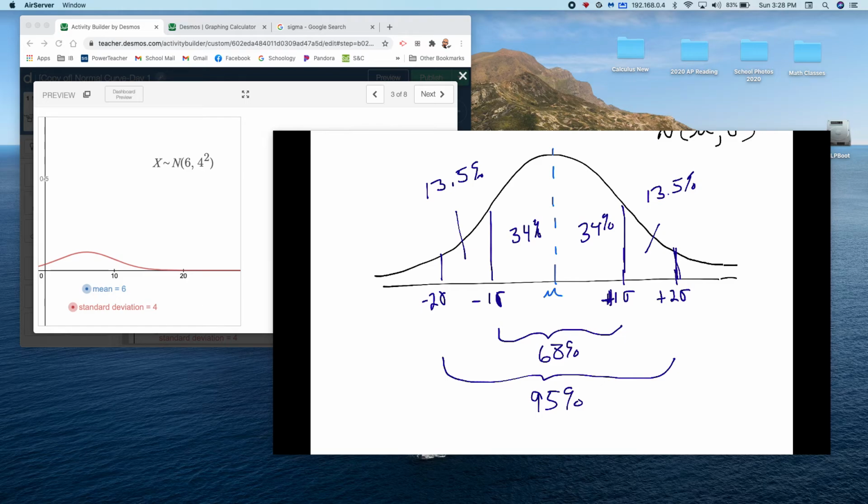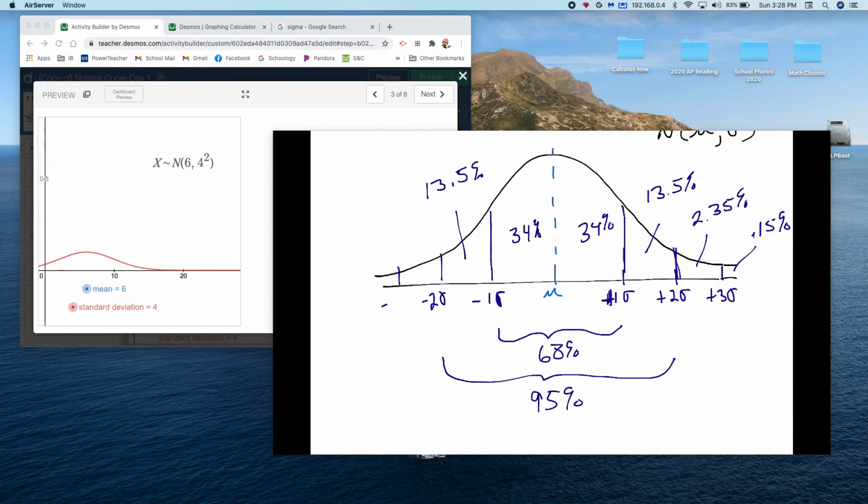The last thing is if we go 3 standard deviations, which is kind of the standard thing, 3 standard deviations either way. This is 2.35% of the data, and this is 0.15% of the data. So really small out there on the tail.